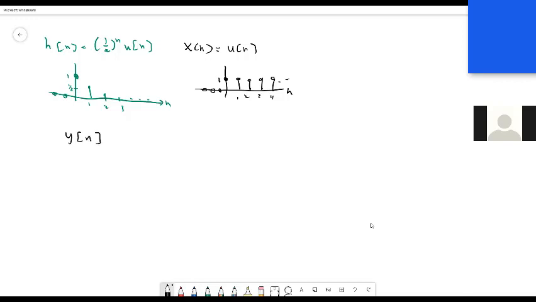So we plug it into our convolution summation to sum over all k from k equals minus infinity to plus infinity of our h of k. And I'm going to choose to flip and shift my x of k. That unit step is a little bit simpler to deal with.